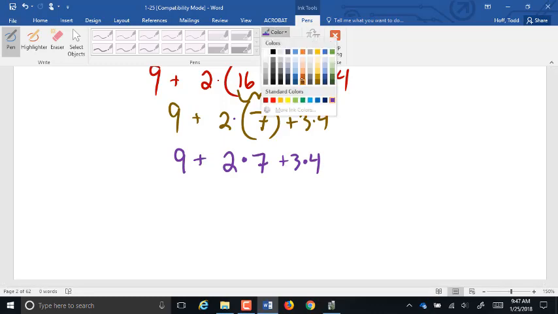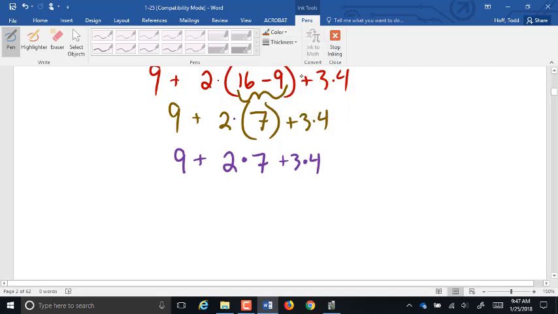We're back out to the larger problem, and we go through our levels again. Any enclosing symbols? No. Exponents? No. Multiplication or division? Yes. So we go left to right again. 2 times 7 is 14.